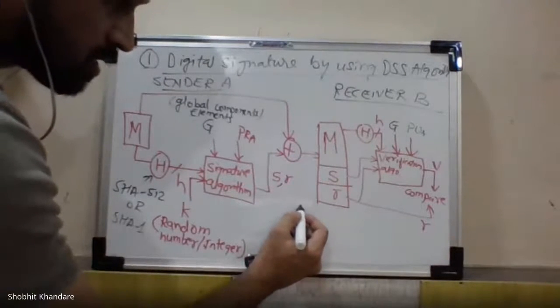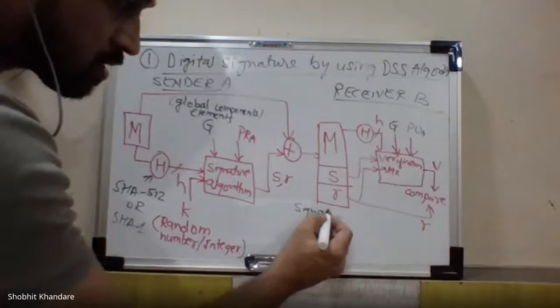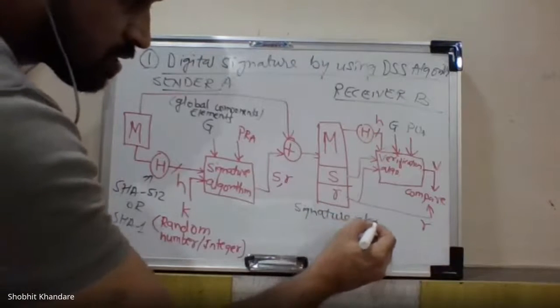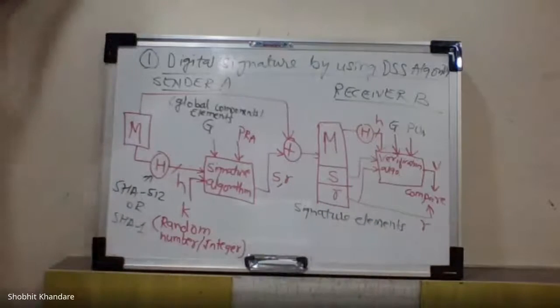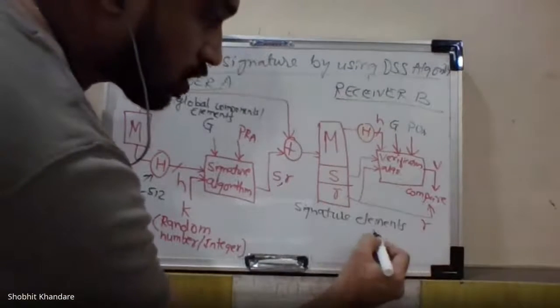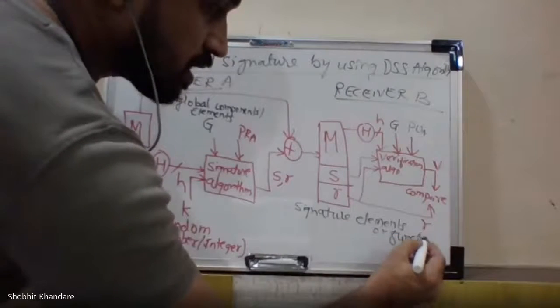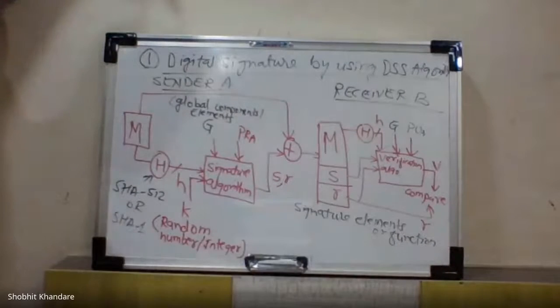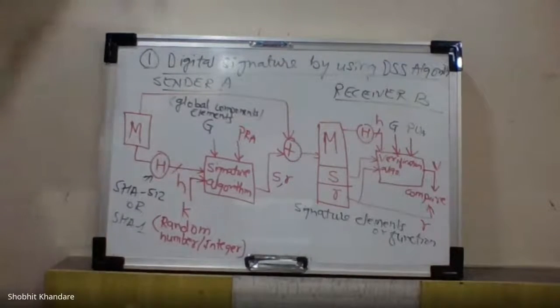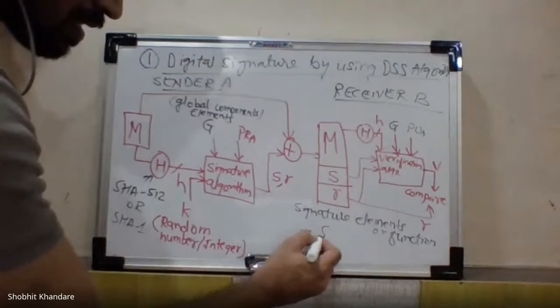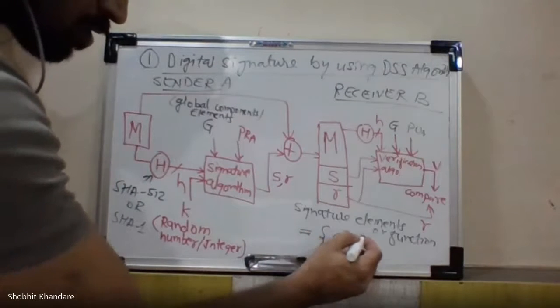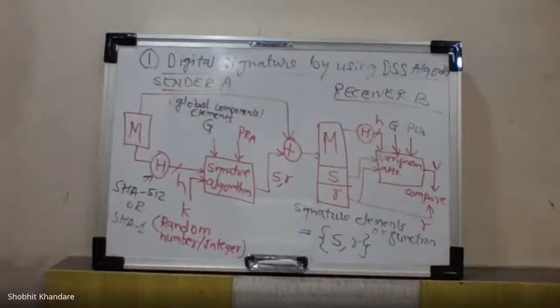Here you can write down: signature elements or function, signature element or function, is given by small s, small r.